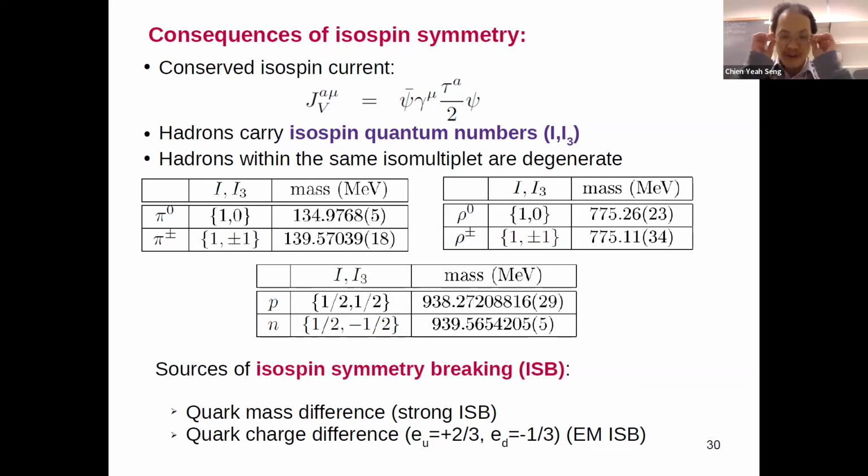If you have a representation of an isospin multiplet, they all have the same mass, but now the isospin symmetry is not an exact symmetry, only an approximate symmetry. Therefore, the members of an isomultiplet have very similar mass, but not exactly the same. For instance, the pion triplet is a representation of the isospin.